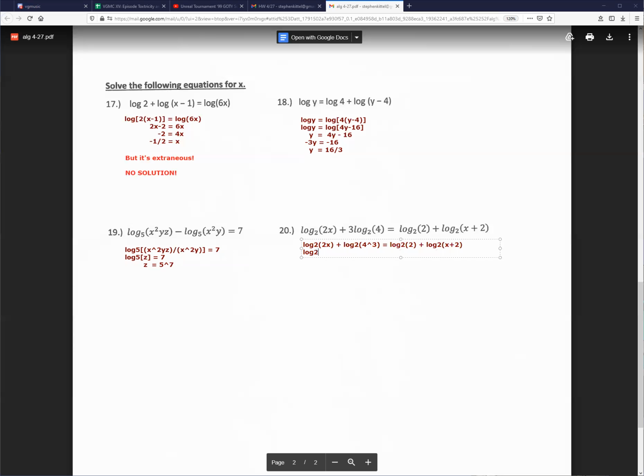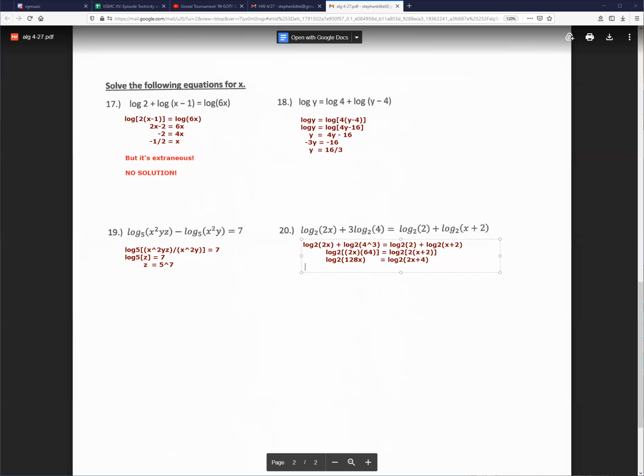Now, log 2 of 2x times 4 to the third, which is 64, is equal to log 2 of 2 times (x plus 2). So that is log 2 of 128x is equal to log 2 of 2x plus 4.